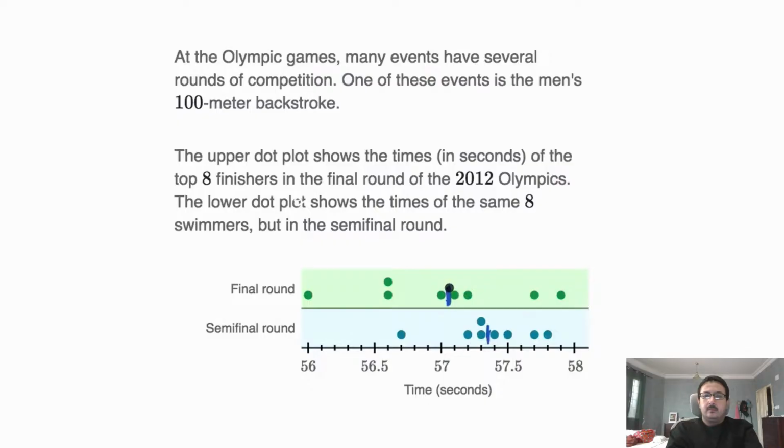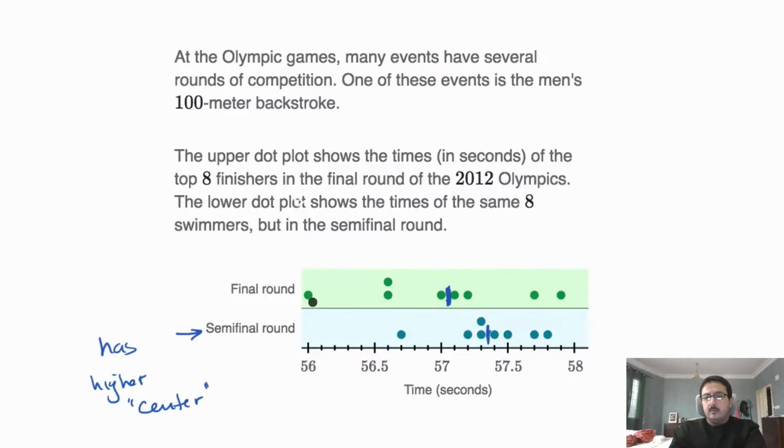You would expect the finalists to be running faster on average than the semifinalists, but that's not what this data is showing. So the semifinal round has higher center, and I just eyeballed the median, and I suspect that the mean would also be higher in this second distribution.